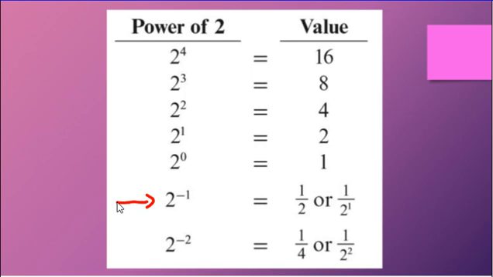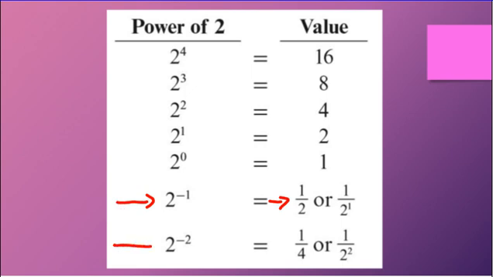And then once we do the reciprocal, that means the exponent is now positive. So if we look over here, the reciprocal of 2 is half, or you can put it as 1 over 2 to the first power. It's a positive 1, which, anything to the first power is just itself, so it would be half.